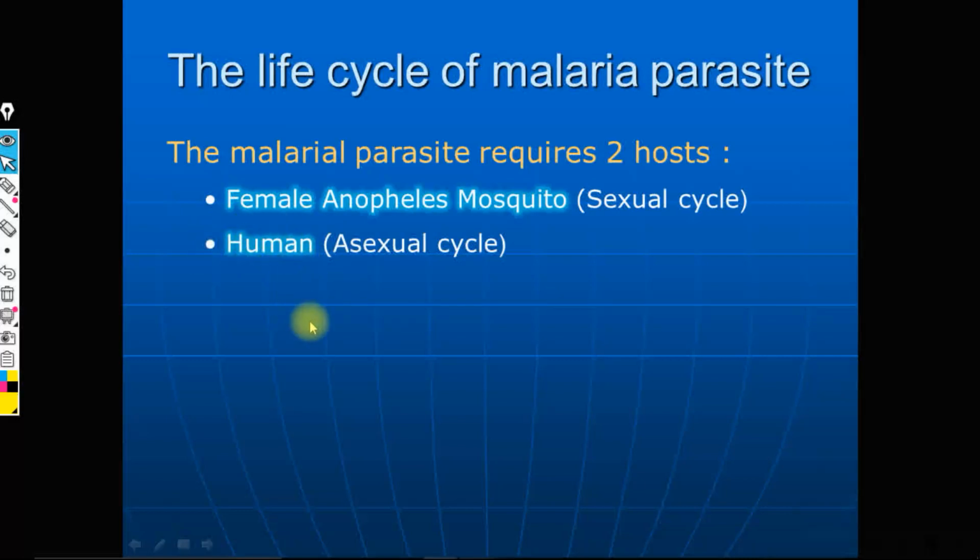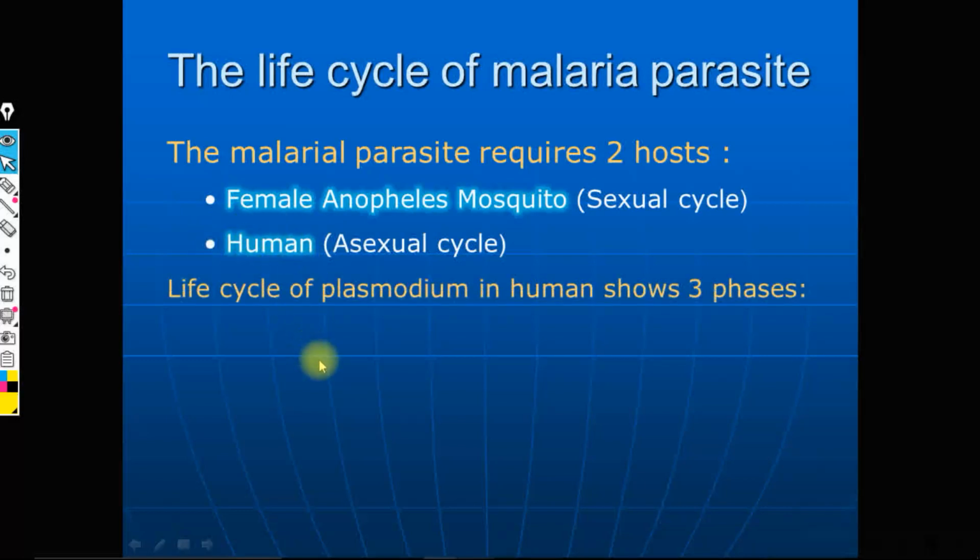Once it enters the human blood, the asexual life cycle consists of three phases. The first phase is called the pre-erythrocytic cycle. The pre-erythrocytic cycle is a very short cycle of 30 minutes, because once plasmodium has entered the human blood, it may not be competent enough to grow within the blood, so it goes to a safe place, and that safe place is the liver.